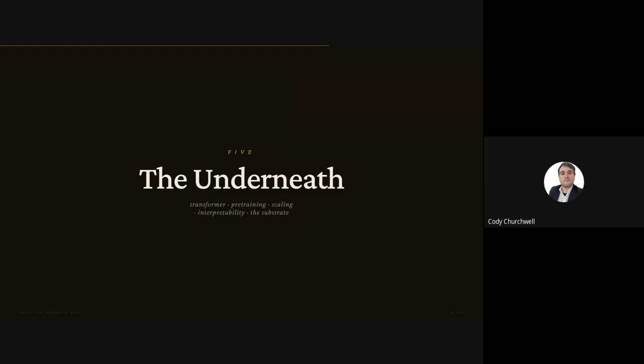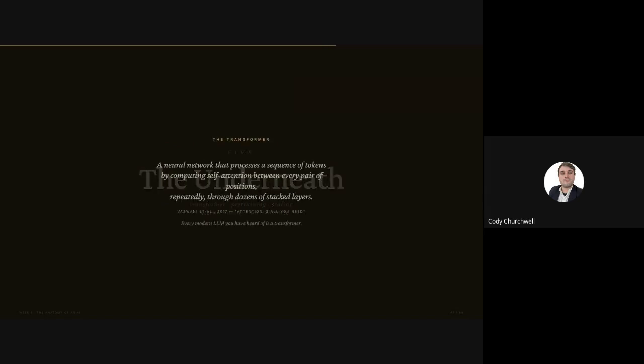Section 5, the underneath. Okay, we're going inside. So, a transformer, or the neural network architecture under every modern LLM. It was introduced in 2017 by Vaswani and others in a paper called Attention is All You Need.